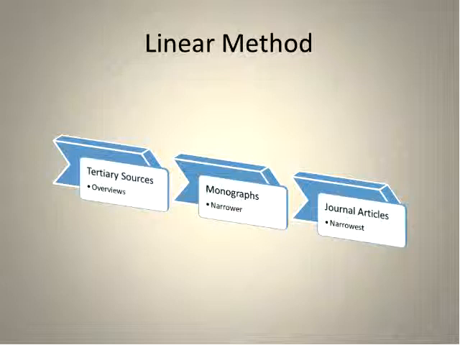Tertiary sources like encyclopedia articles will give you an overview of the topic, help you refine your claim, and lead you to access points and concepts, and might even have bibliographies or lists of sources in the form of footnotes or other citations that you can then refer to. You can then go to the monographic literature, that is, books.